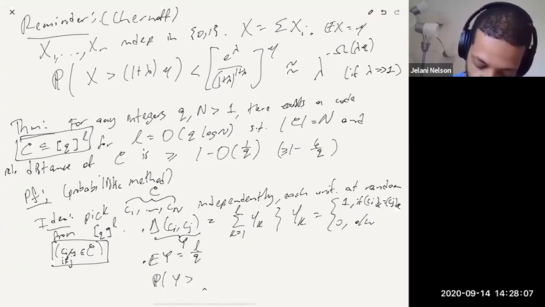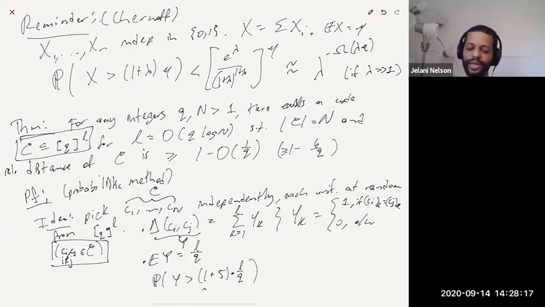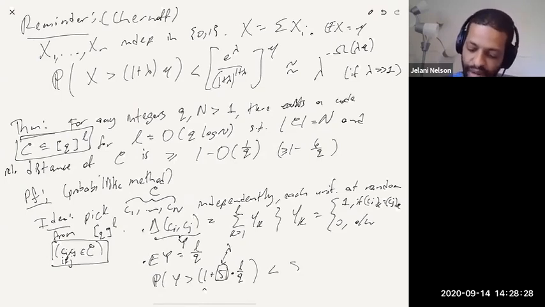So my question is, what's the probability that Y is actually bigger than its expectation, let's say 1 plus 5 times L over Q? Here this is lambda, I'm bigger than 1 plus lambda times my expectation. This is at most 5 to the minus omega of 5 L over Q, something like that.